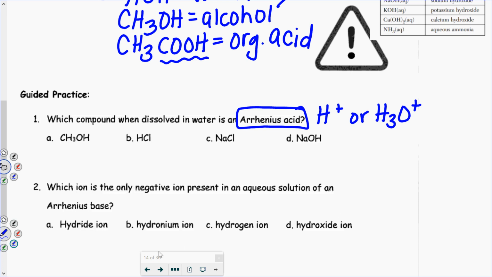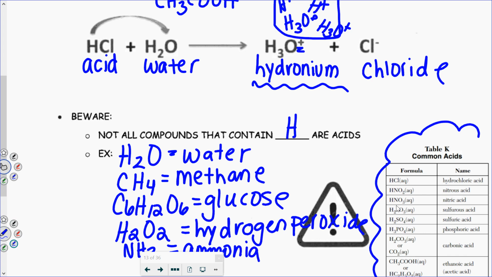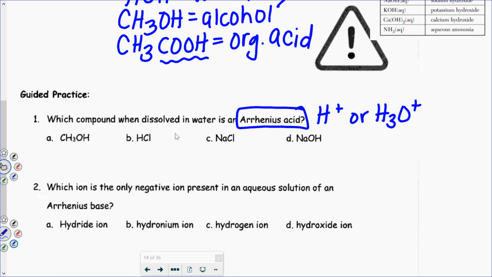So all you need to do is check Table K. I never remember which I have on there, Table L or K? You need to check Table K and figure out which of these substances is on Table K. And if you look, the only one on Table K is HCl. CH3OH, that's an alcohol. That's not an acid.